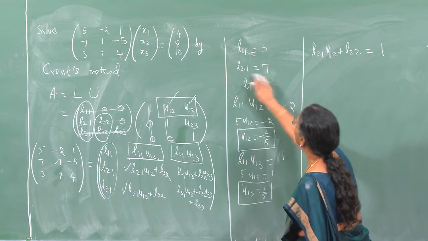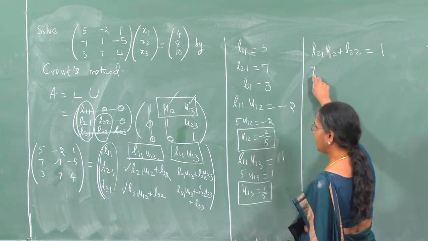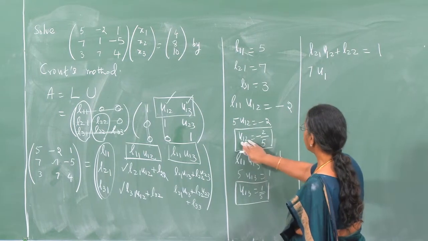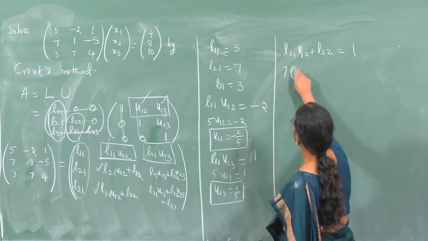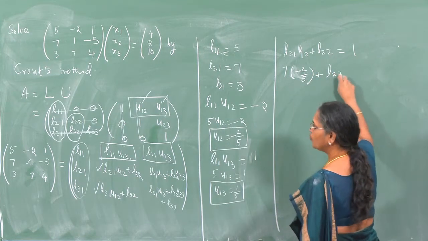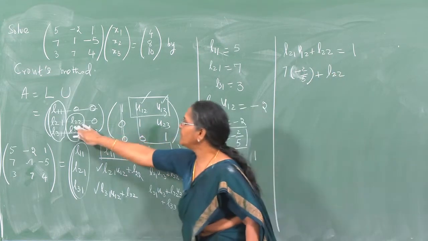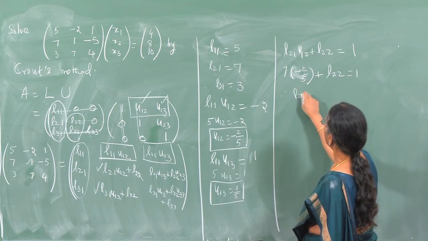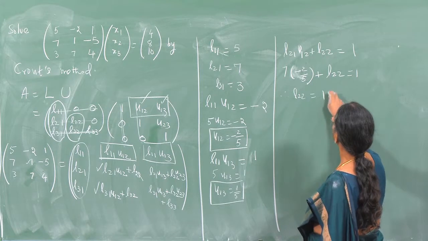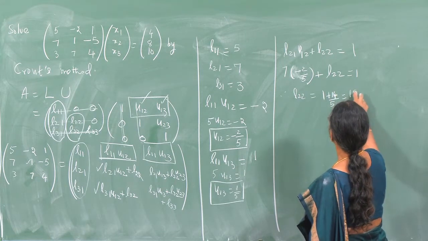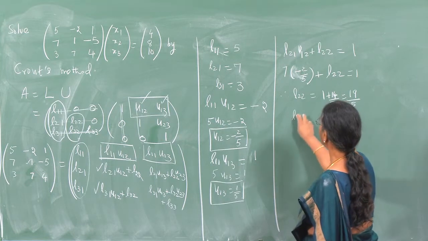Do I know L21? Yes, 7. What about U12? It is computed as minus 2 by 5. What about L22? That is what I am trying to determine, and that must be equal to 1. So, L22 is 1 plus 14 by 5, and so it is 19 by 5.